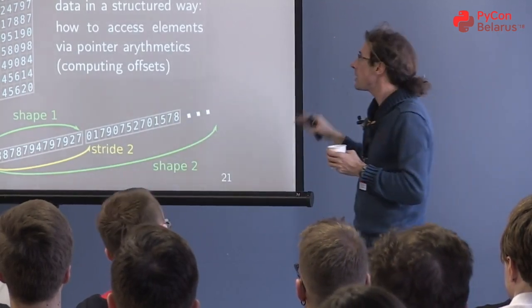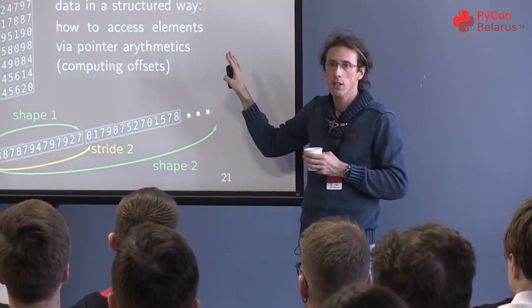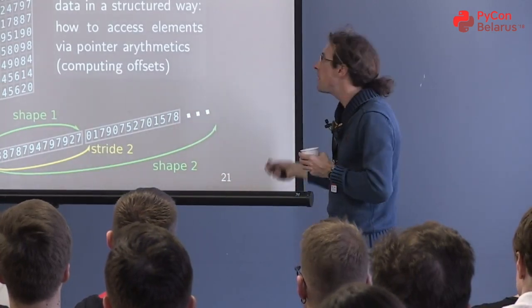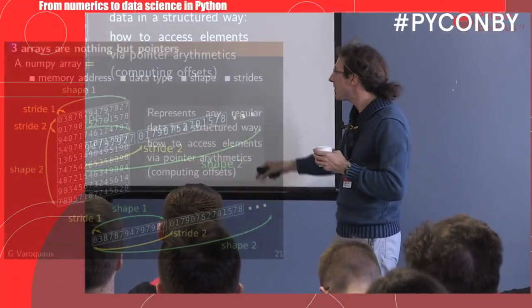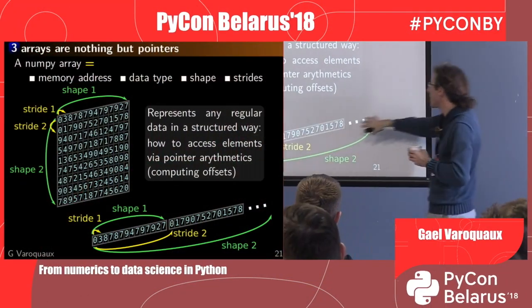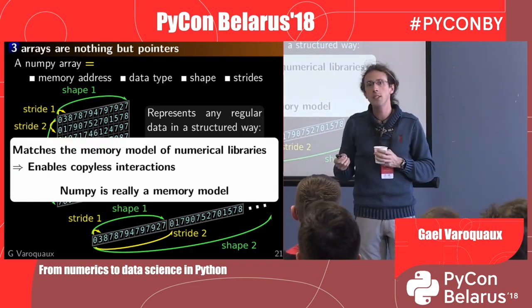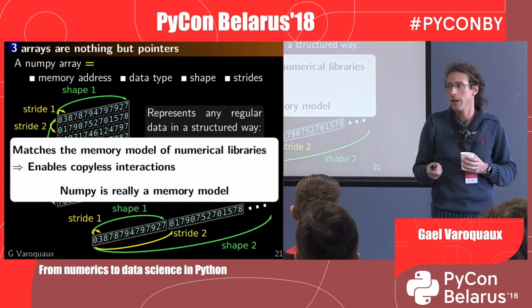This model is powerful because it can represent any regular data in a structured way. Any regular data, I can represent in an efficient way. Basically, it's like a higher level abstraction of pointers and data types. In practice, in memory, this is just something that is continuous. Why is this important? Because this matches the memory model of just about every numerical library.